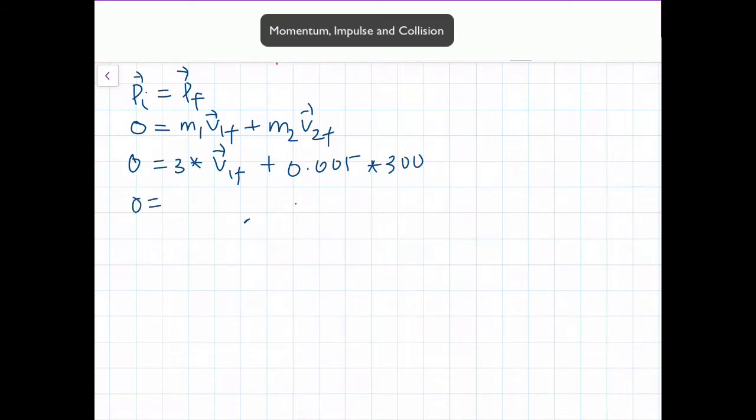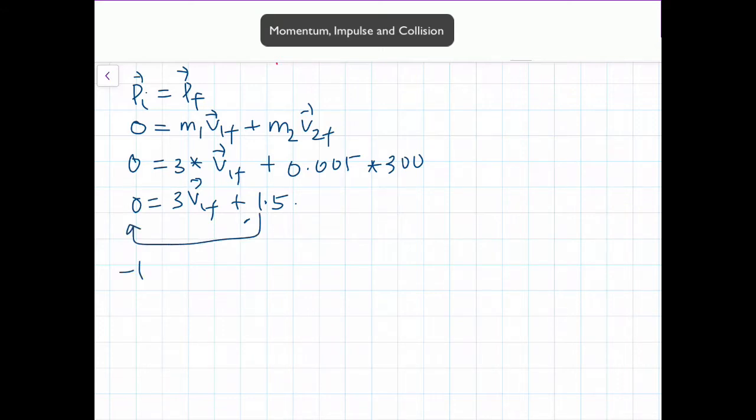So you have 0 equals 3 V1 final plus 0.005 times 300. I think it will be 1.5, right? Otherwise, you always keep a calculator with you. Physics is always a matter of practicing problems. Now take this value to the other side of the equation.